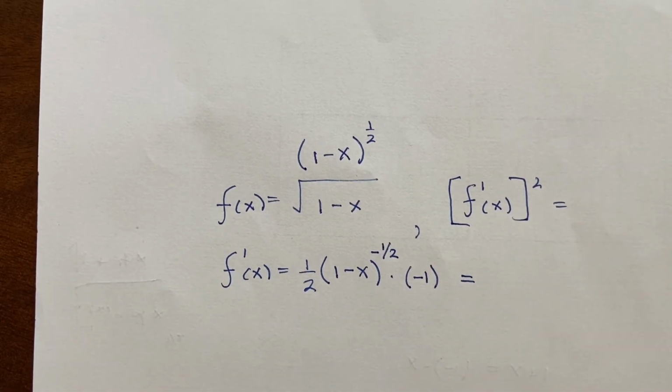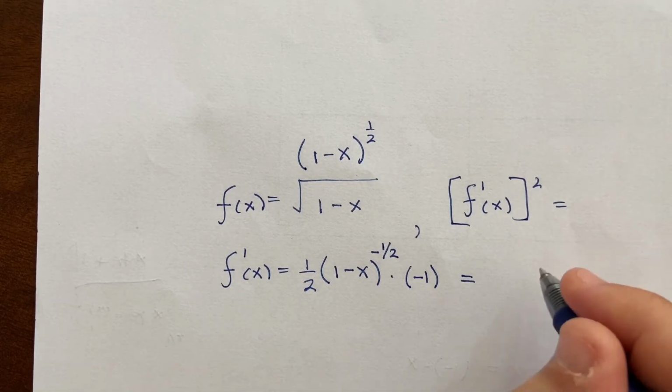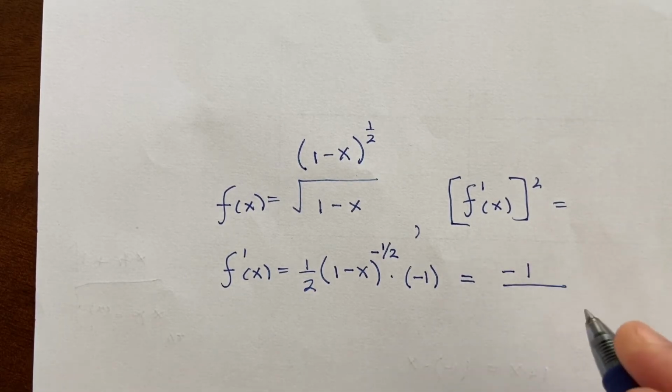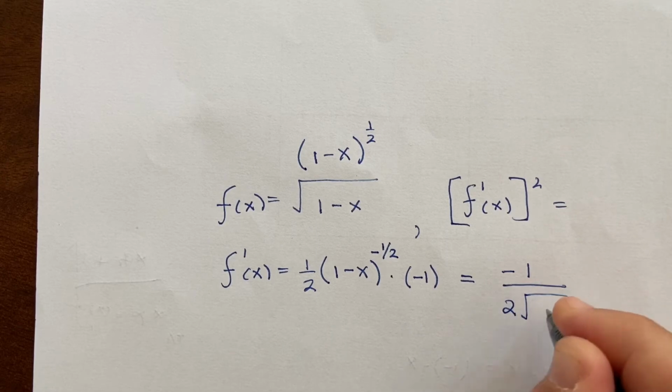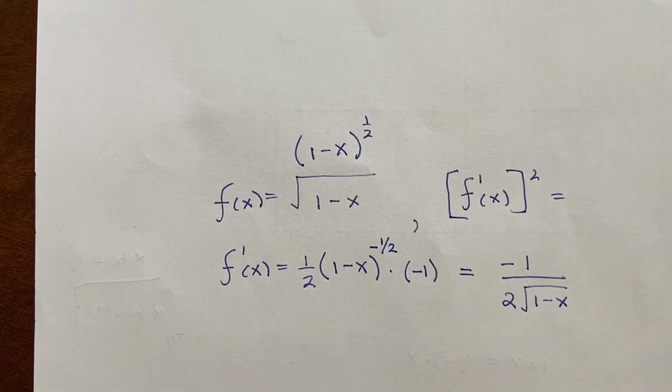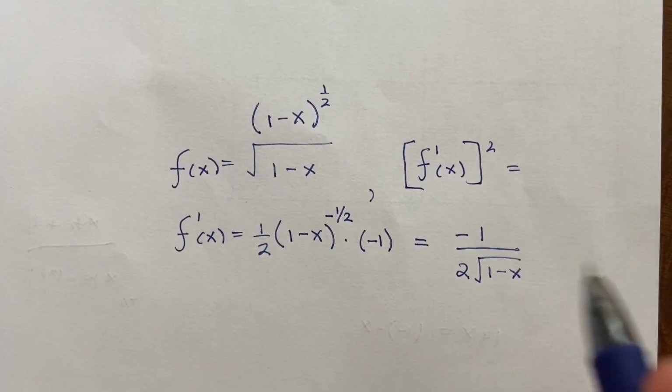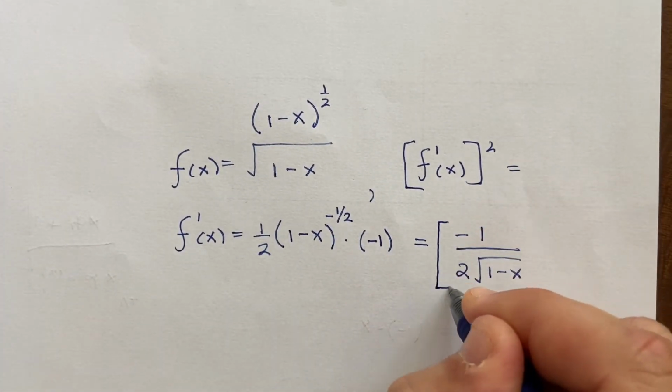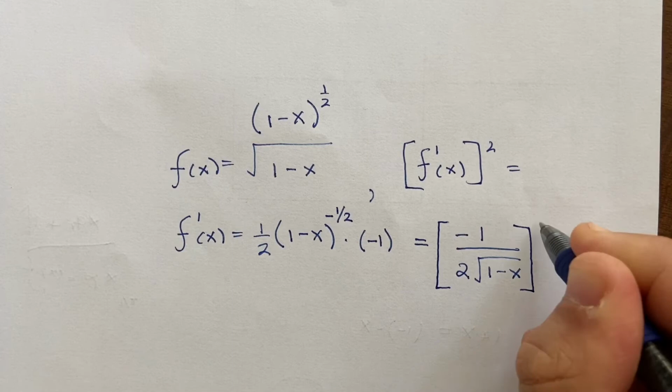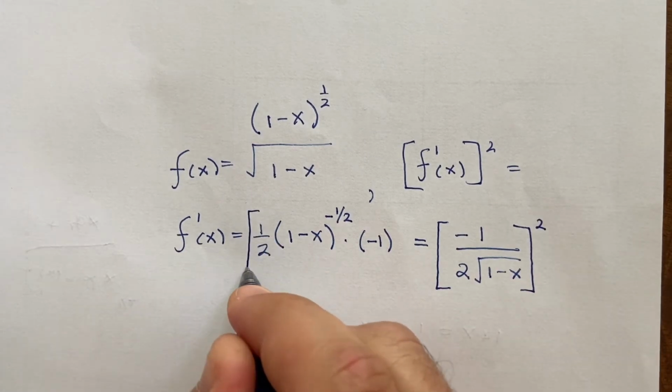So this would be the same as negative 1 over 2 times the square root of 1 minus x. Right? That's just the derivative. We then want to square this. Right, so I'm going to square all of this now.